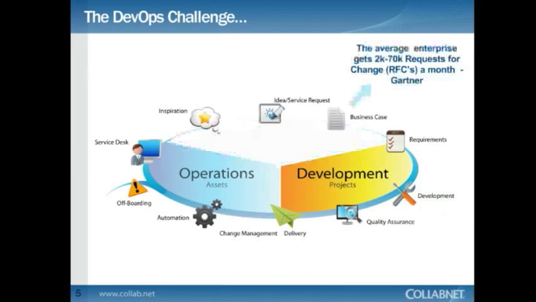What we have in the process is the business has historically had many ideas coming to IT. So in an average enterprise, Gartner tells us that it's not unusual to find between 2,000 and 70,000 requests for changes on a monthly basis in the enterprise space. Those are folks in the business looking for ways to be more efficient in their roles themselves, and they typically will put in requests for changes or modifications to the current product offerings and or the current services that are available to them.